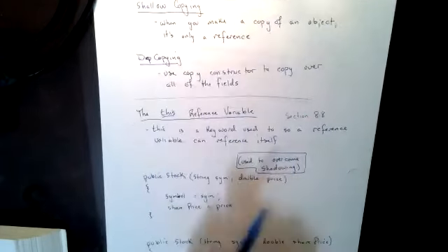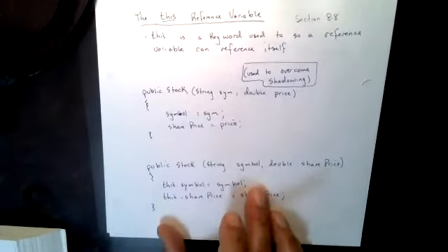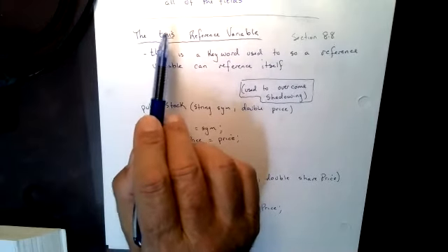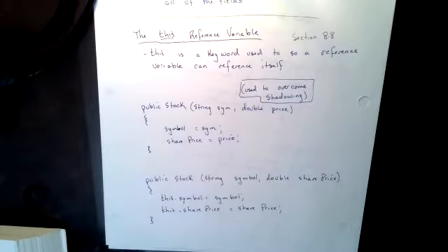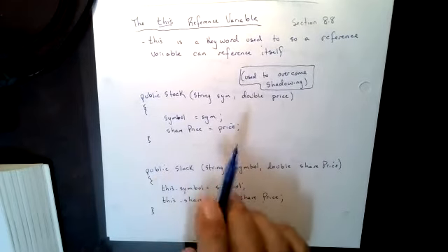Okay, section 8.8. This goes back to the old days, and I'm going to show you with two examples. But we have something called the this variable for referencing the calling object. It's kind of hard to say. In the old days, we used to have to do this. We don't anymore.